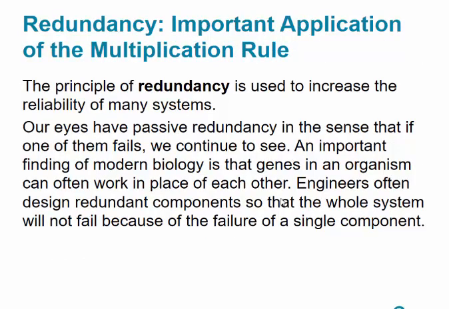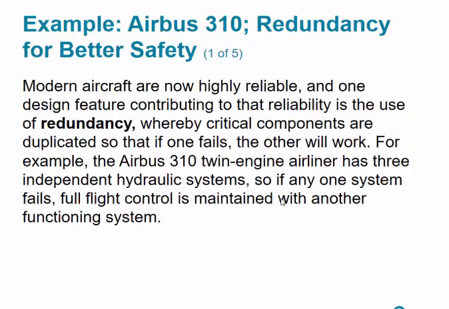The next thing is the principle of redundancy. This is used to increase how reliable some systems are. So our eyes have passive redundancy in the sense that if one of them fails, we continue to see. An important finding of modern biology is that genes in an organism often work in place of each other. So engineers often design redundant components so that the whole system will not fail because of the failure of a single component.